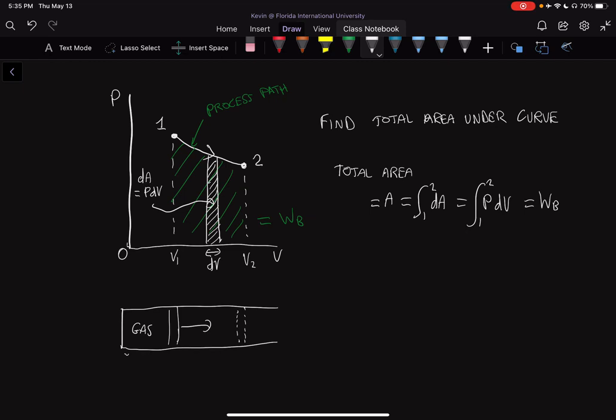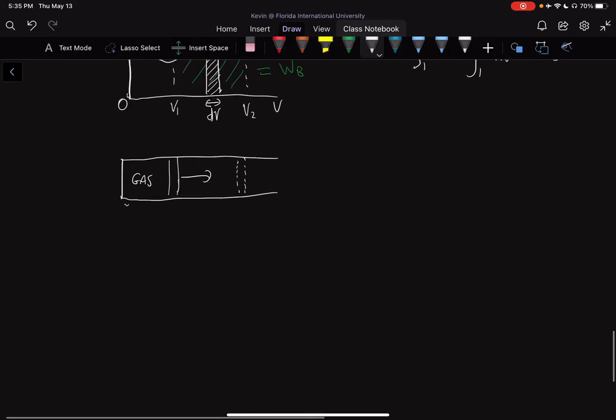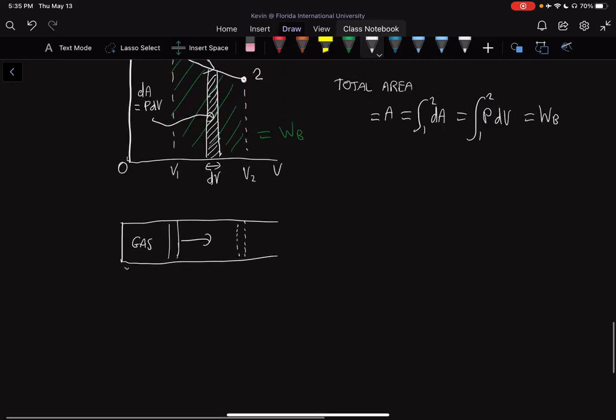Okay, so moving forward from this, the total area is obtained by adding all the differential areas, and the area under the curve is just the sum of all these areas, essentially. Okay? So in the case of a compression process, our process would look something like this.